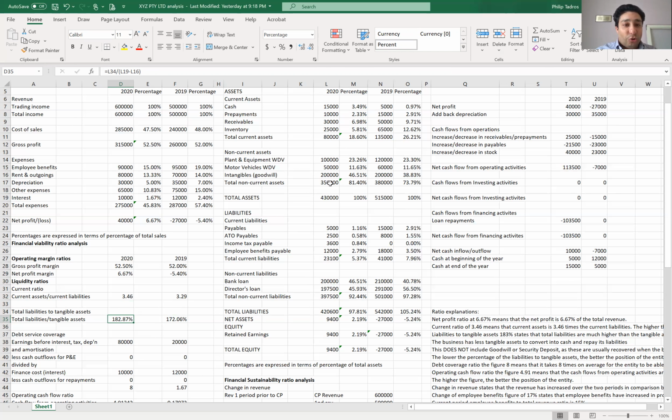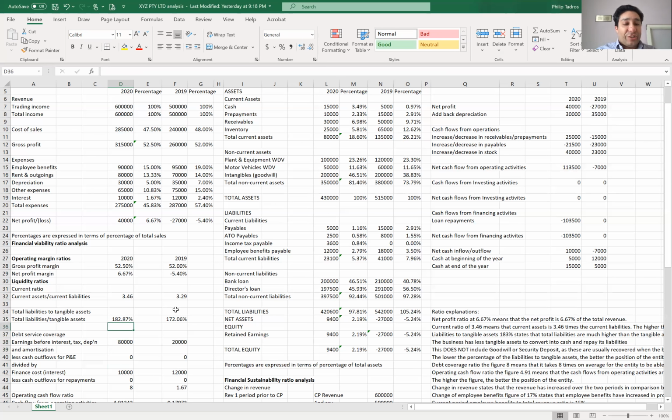That would be a result of the plant and equipment written down value reducing, and also your receivables and inventories are reducing as well. So 182% may be seen to be not a good thing in a business where you're looking at the liabilities in comparison with the tangible assets.